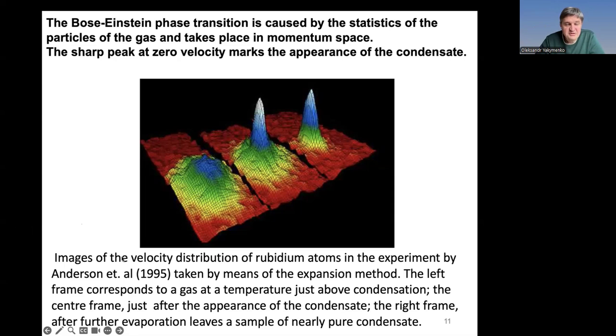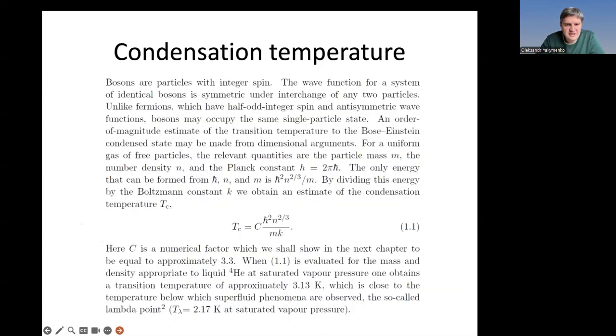But how to reach the state when you have a Bose-Einstein condensate? What is the temperature you need to get? To understand this, let us imagine that you have some atoms, and you can consider the related de Broglie wavelengths.